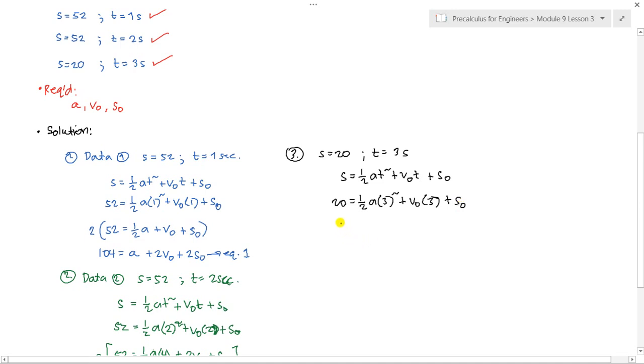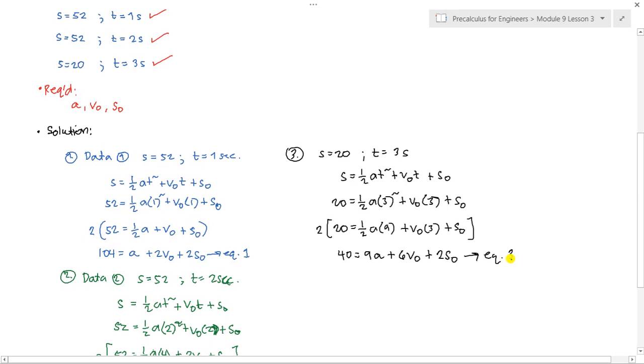Simplifying, we have 20 is equals to 1 half a times 9 plus v naught times 3 plus s naught. I'm going to multiply both sides by 2 para ma-eliminate na po ng fraction. So we have 40 is equal to 9a plus 6v naught plus 2s naught. So this would be our equation 3.